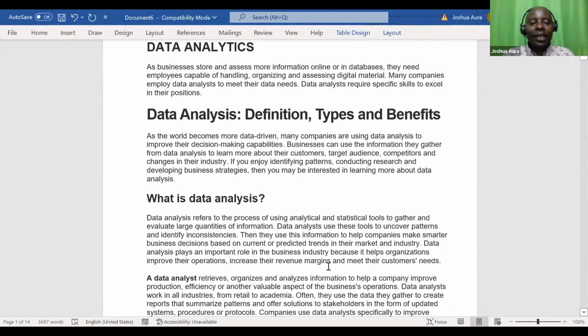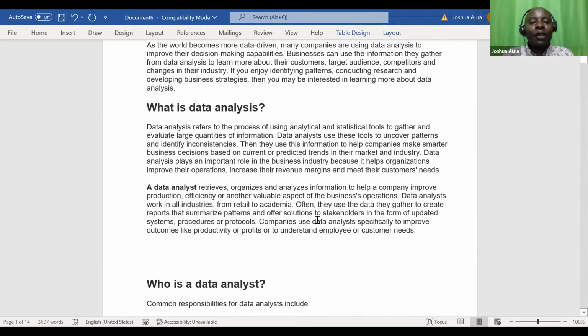A data analyst retrieves, organizes, and analyzes information to help a company improve production, efficiency, or another valuable aspect of the business's operations. Data analysts work in all industries from retail to academia.